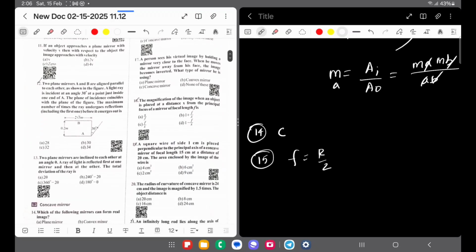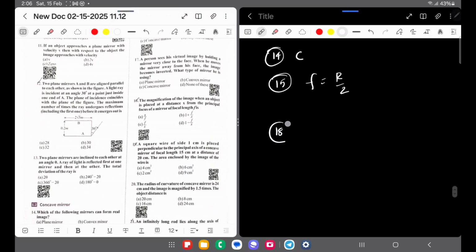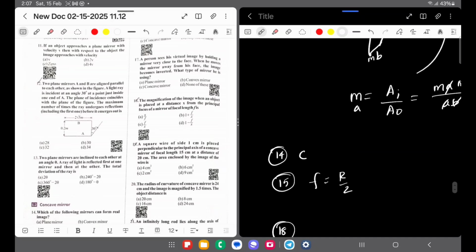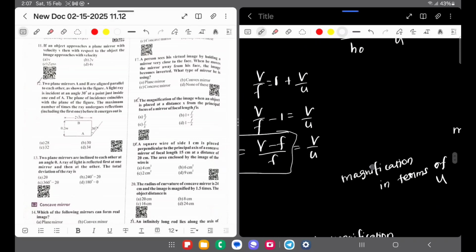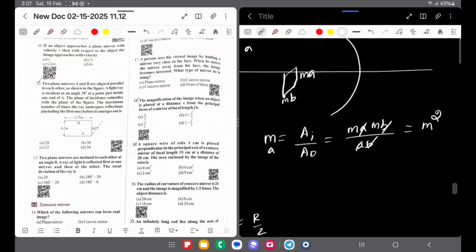Now look into question number 18. Magnification of the image when the object is placed at a distance x from the principal focus of the mirror of focal length f. So, they are asking for the magnification in terms of the object distance, which we just derived, right? Magnification in terms of object distance, what is that? m is equal to f by f minus u.